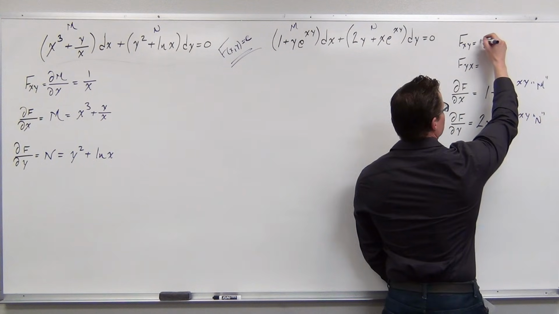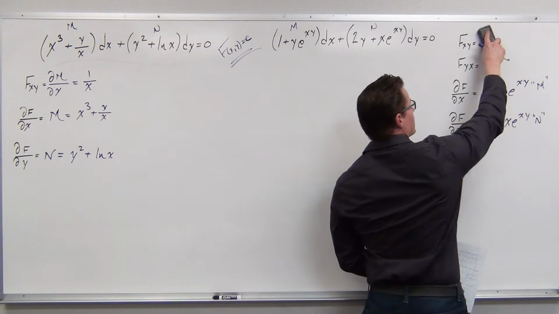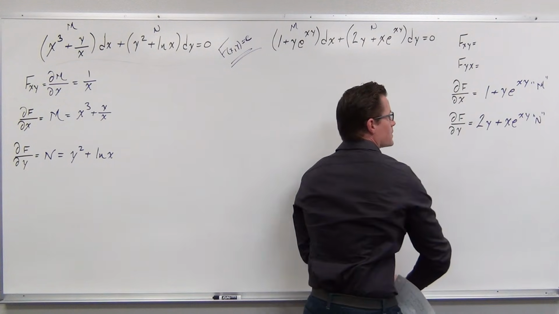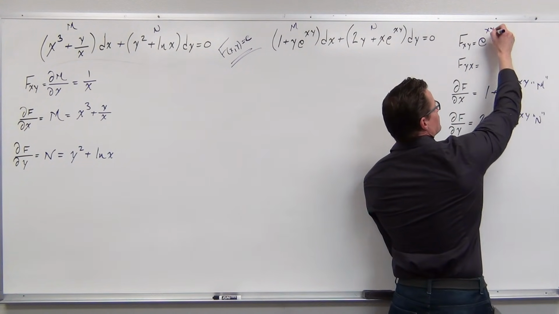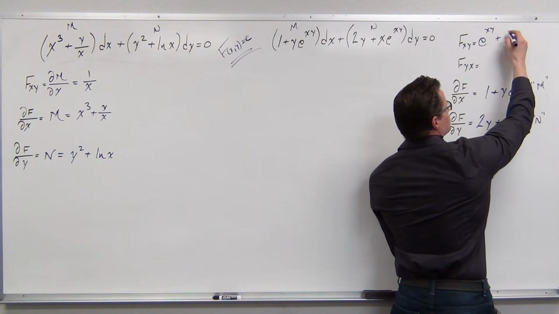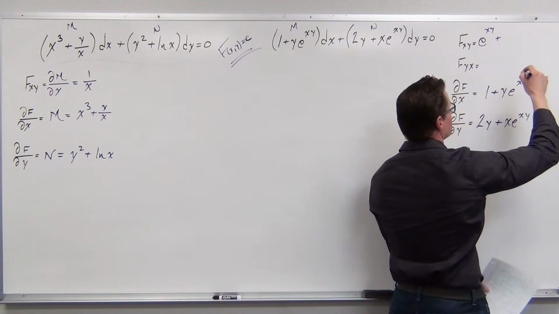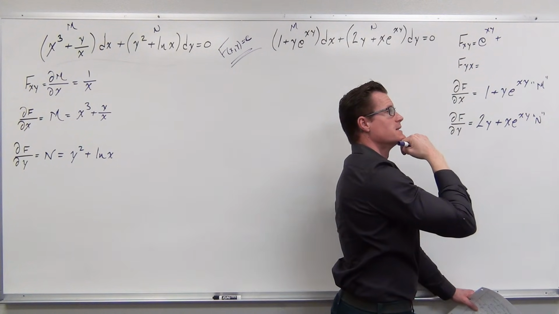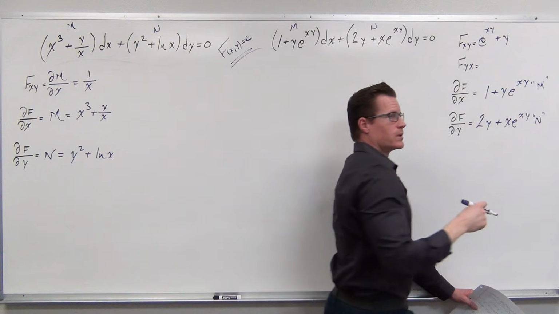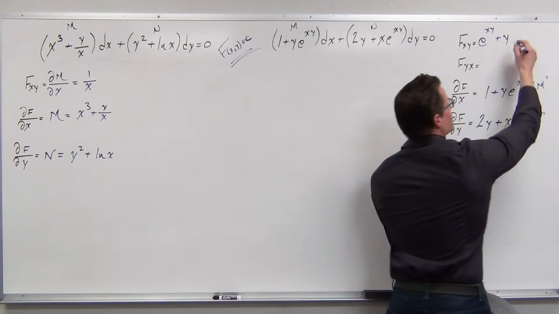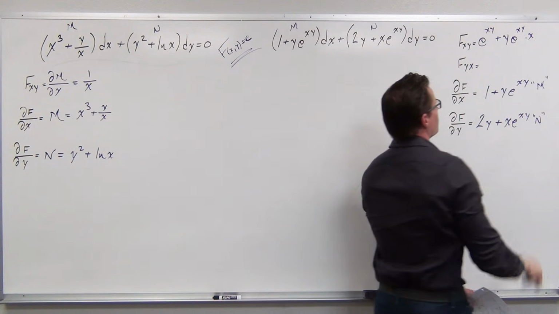This would be, I'm looking at factors in my head for you, I'll show it to you. This would be derivative of the first times the second plus the first times the derivative of the second. Now let's see, derivative here would be, we have y, we have e to the xy, but by the chain rule we get an x.